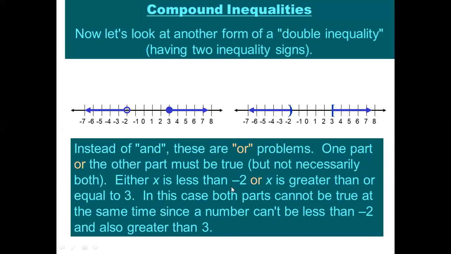So here x is less than -2, which we denoted using this open circle, and x is greater than or equal to 3, so we start from 3 and increase in the infinite direction.